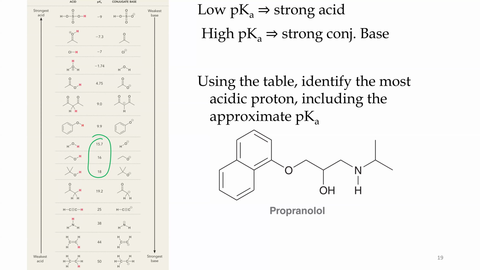So if we're looking at all the different places where we have hydrogens, we have sp3 carbon hydrogens. Are those going to be the most acidic hydrogens? No, that's all the way down here. That's our least acidic type of hydrogen. Any other type of hydrogen is going to be easier to remove than an sp3 carbon hydrogen bond.